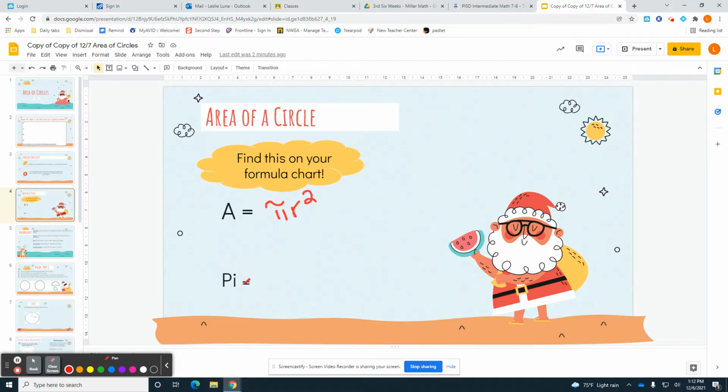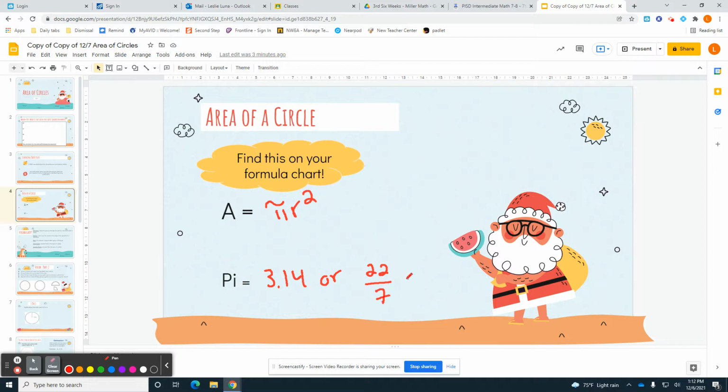Okay, and then we have pi. So pi, you can also find it on your formula chart. It is going to be towards the bottom under additional information. So you're going to find the black box labeled additional information, and then you'll find pi on there. All right, so if you said pi is 3.14 or 22 over 7, you are correct.